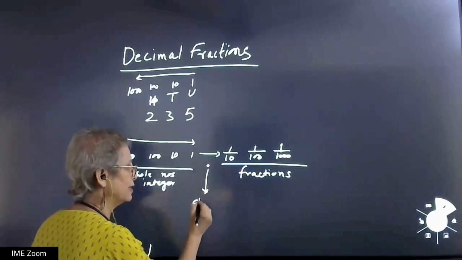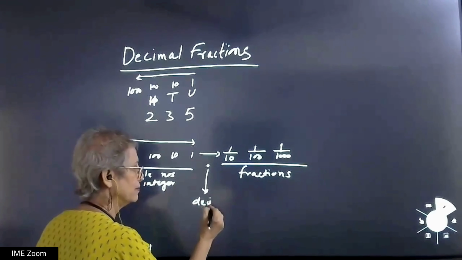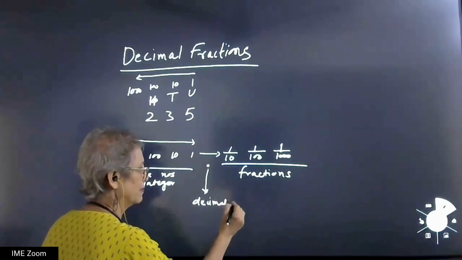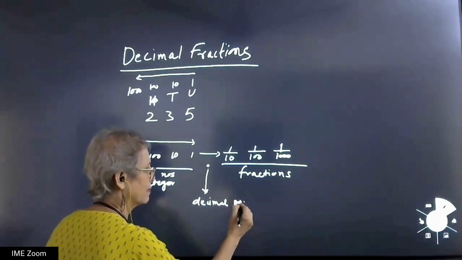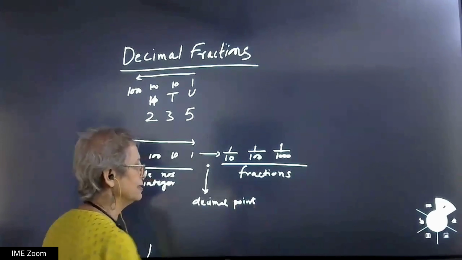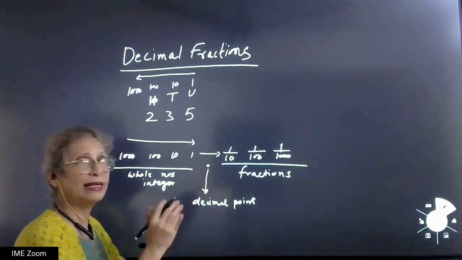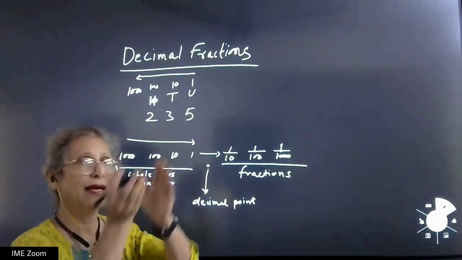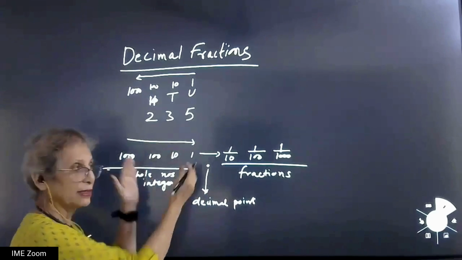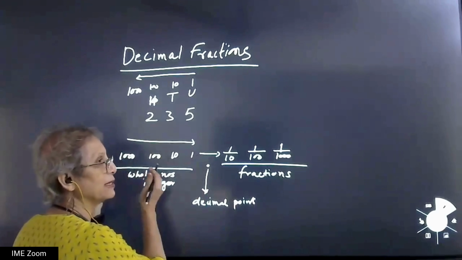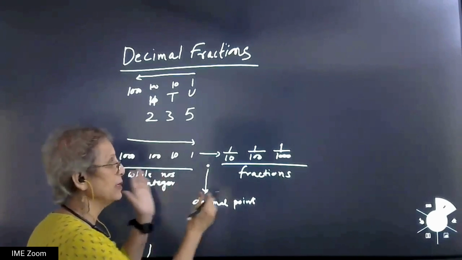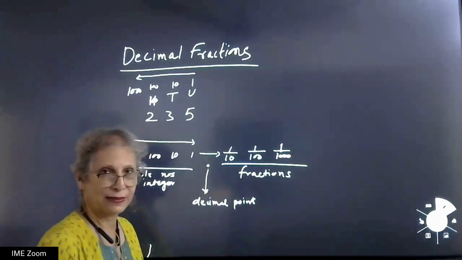This point is called the decimal point. This divides the number into fraction and integer. The left-hand side part is the whole numbers or integers, and this side they are fractions.